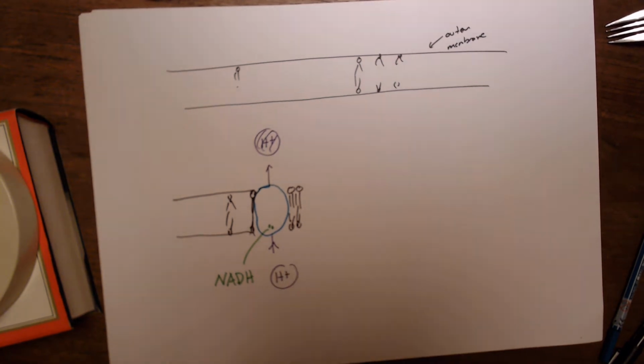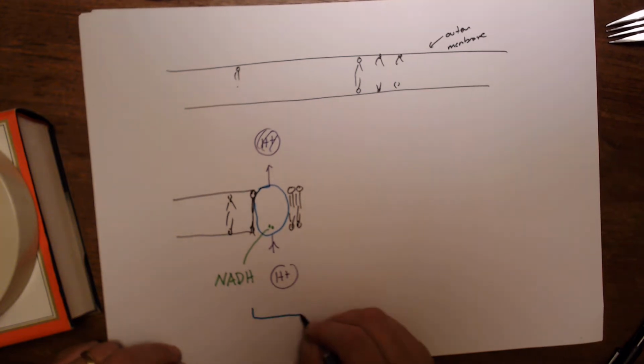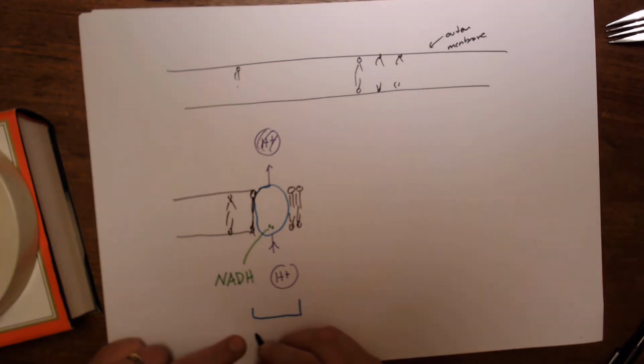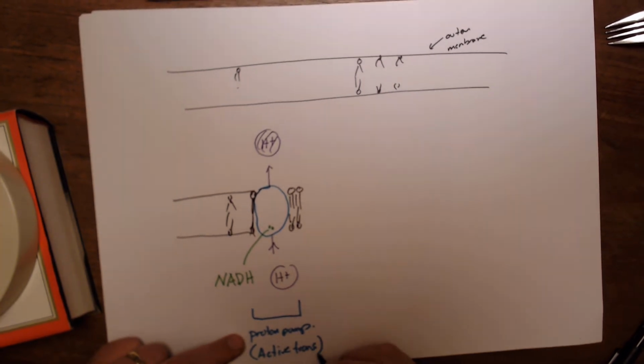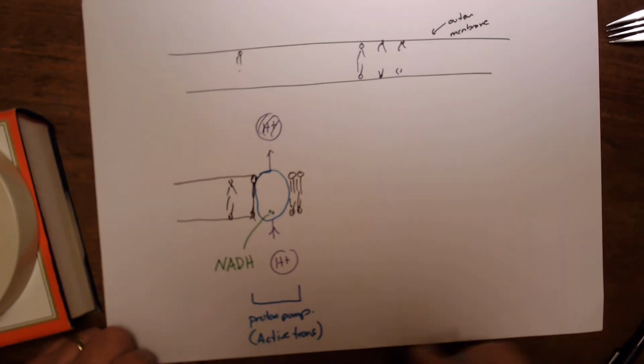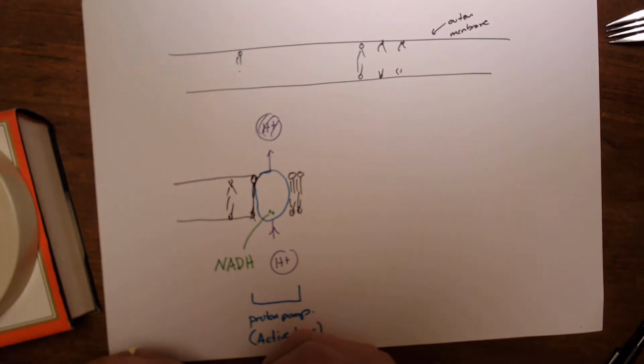So this protein here, which has a special name and everything like that, but I'm not worried about that. This protein is then a proton pump. So we're talking about active transport. Right? It's moving something against the gradient.